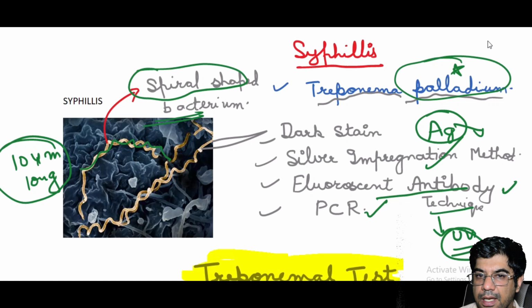The other is the silver impregnation method. This technique stains the bacteria with silver compound, making them visible under the microscope. PCR is a molecular technique that amplifies the specific DNA sequence of the Treponema pallidum, allowing for the detection of the genetic material.